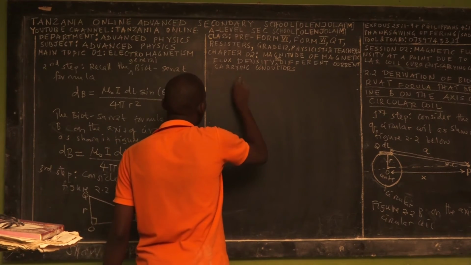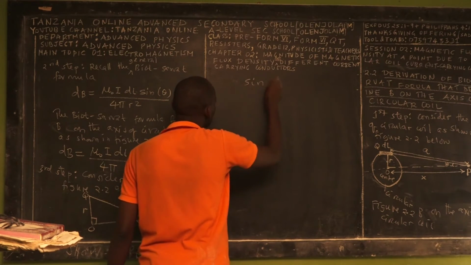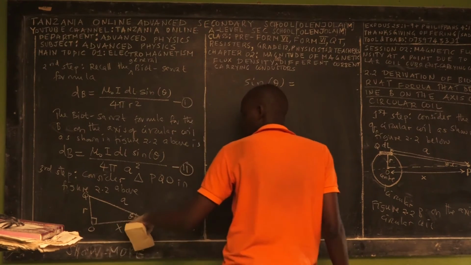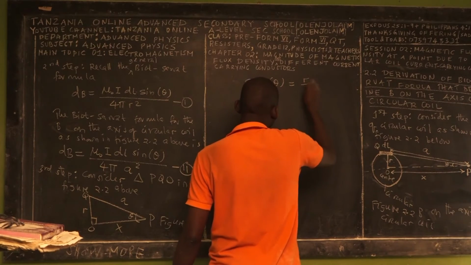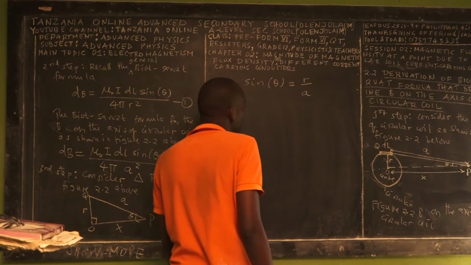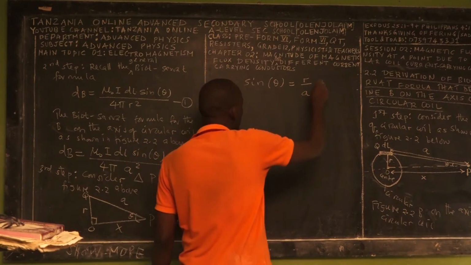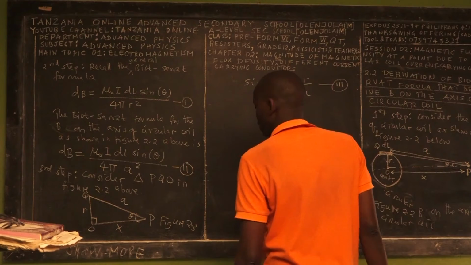From figure 2.3, if you apply the rules that we taught you in training, sine of angle theta is equal to opposite over hypotenuse, which is R over A. So this will make equation 3.